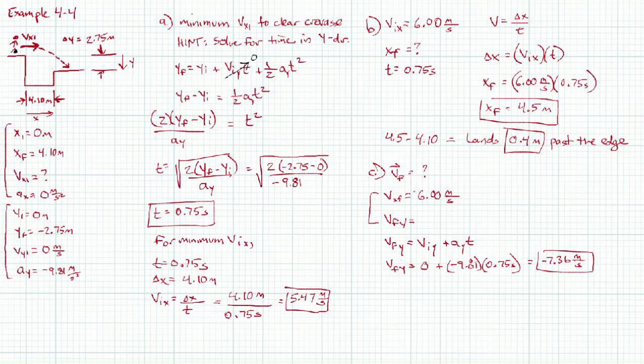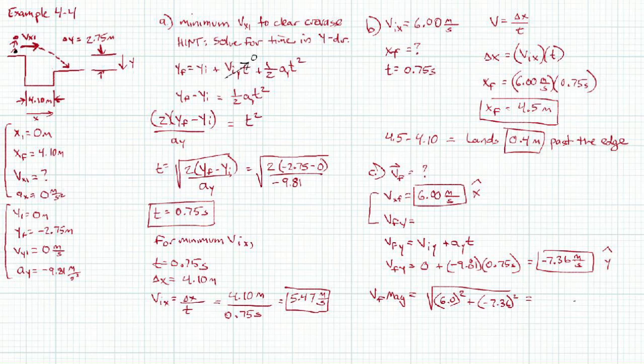So we have, well, I shouldn't have boxed them because that's not our final answer, but that's the x, and that's our y value right there, and we know what to do with that to solve for the resultant, the magnitude of the final velocity. That's the square root of 6.0 squared plus negative 7.36 squared.